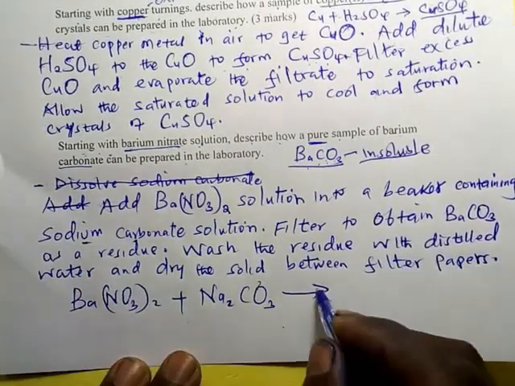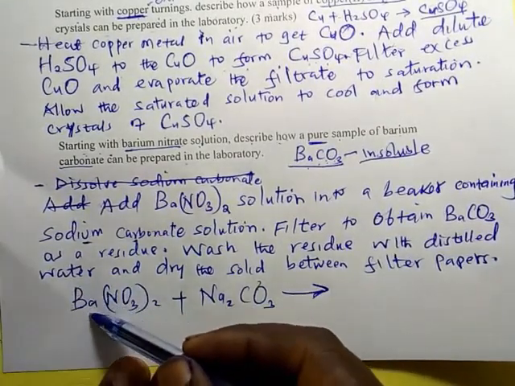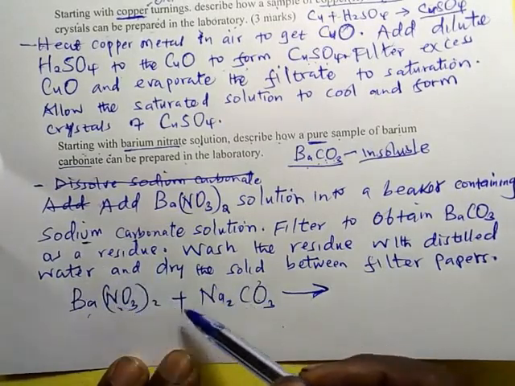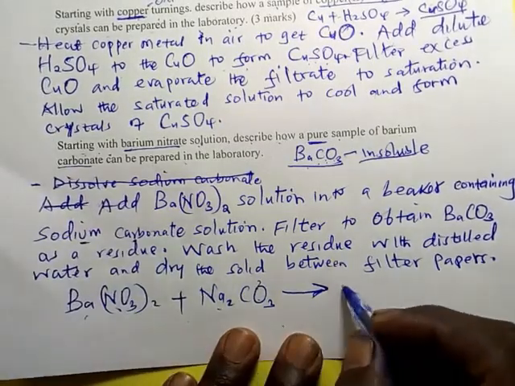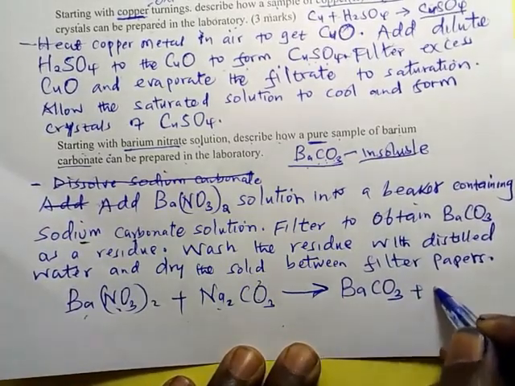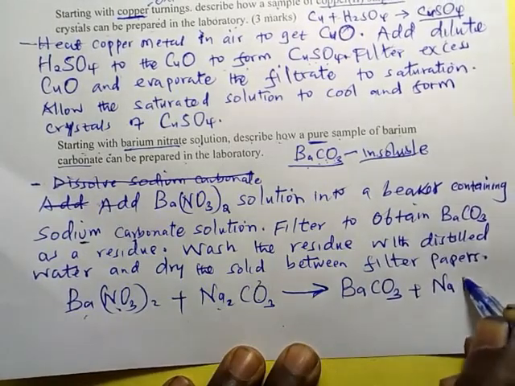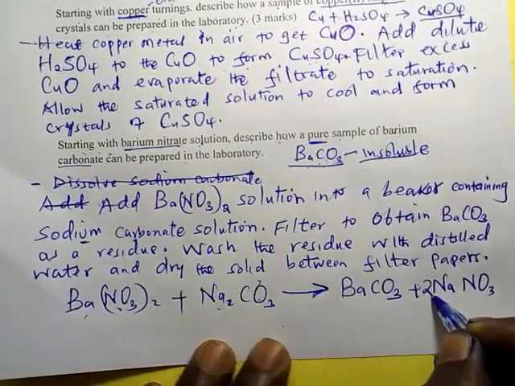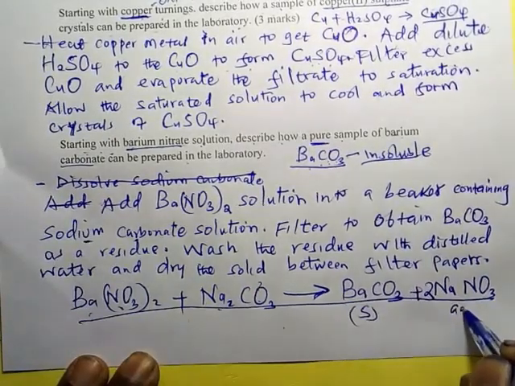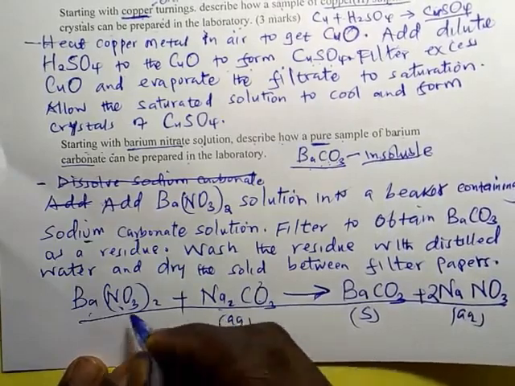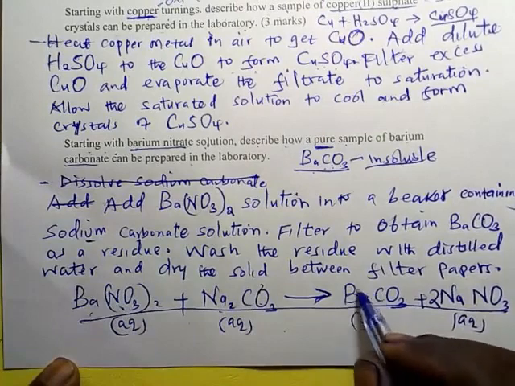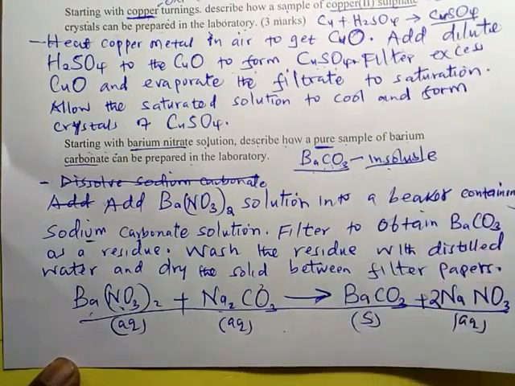So what happens is that the cation this side will take the anion this side, and then the anion this side will take the cation this side, and they will form barium carbonate plus sodium nitrate, like that. And this one is a solid, this one is aqueous. And this is the white precipitate, and this is the solid we want to form.